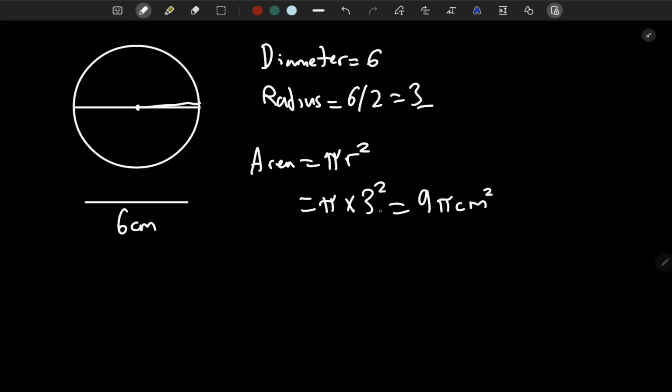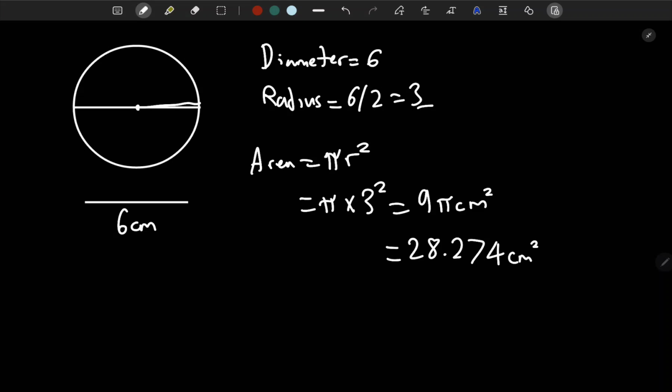Don't forget the units. Since it's 3 centimeters, the units are going to be cm squared. If you want the exact value, you can type this on your calculator and multiply 9 times pi, which is going to give you 28.274 cm squared. So that's it.